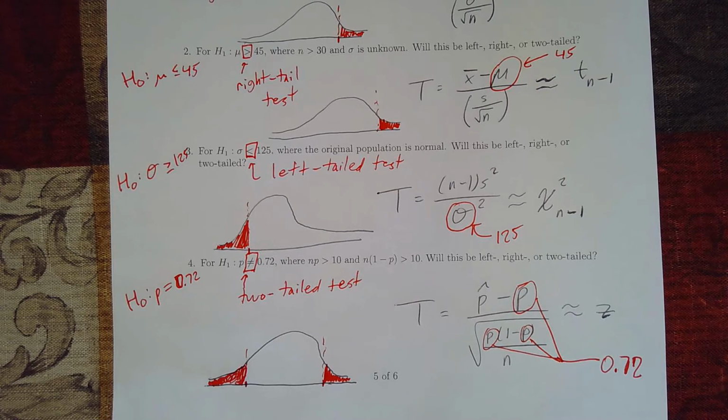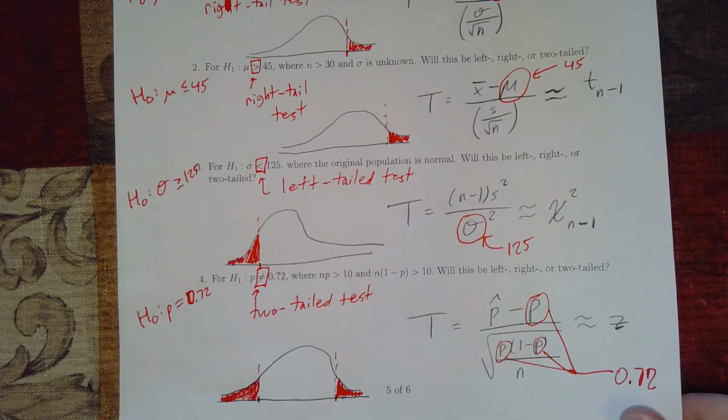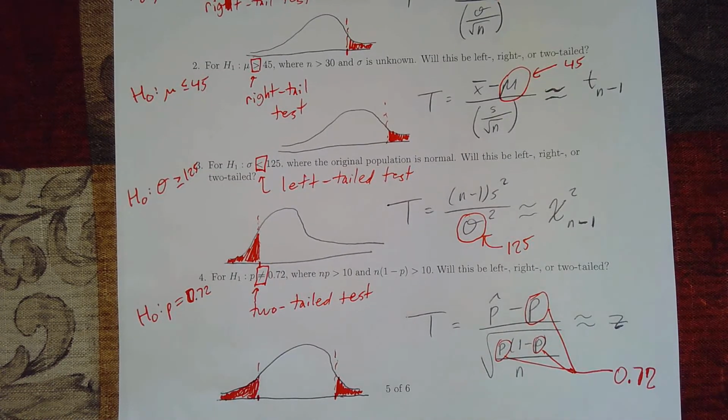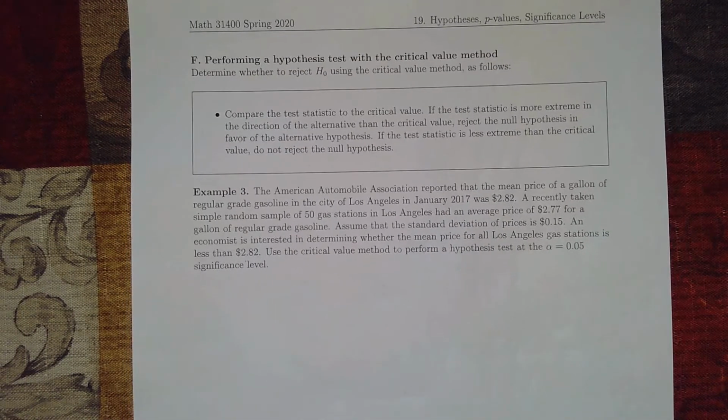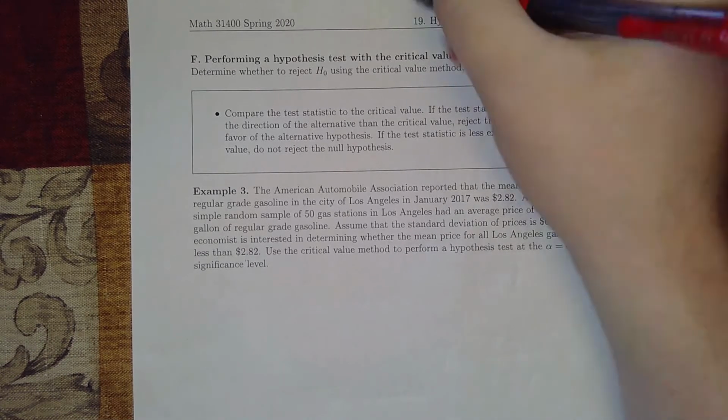All right, so there are two main ways of performing a hypothesis test. We're going to look at one of them in this video, and the next we'll focus on the other one. And then we'll have a worksheet that you can play around with to try these things out on your own. All right, so let's say we want to perform a hypothesis test with the critical value method.